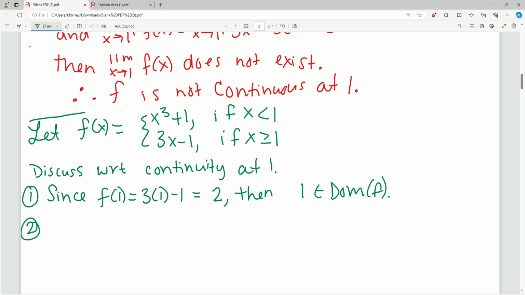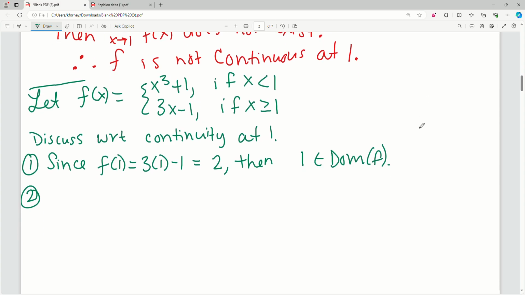The next thing we want to do is show that the limit from the left and the right are the same, because if they're not the same, then the limit doesn't exist.